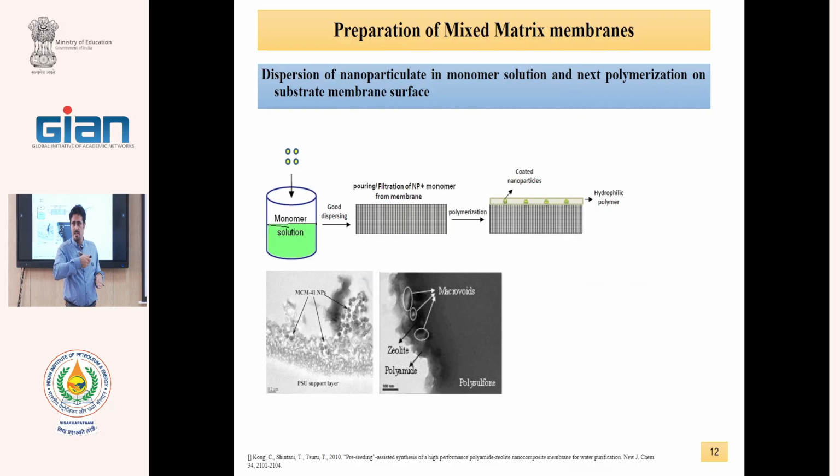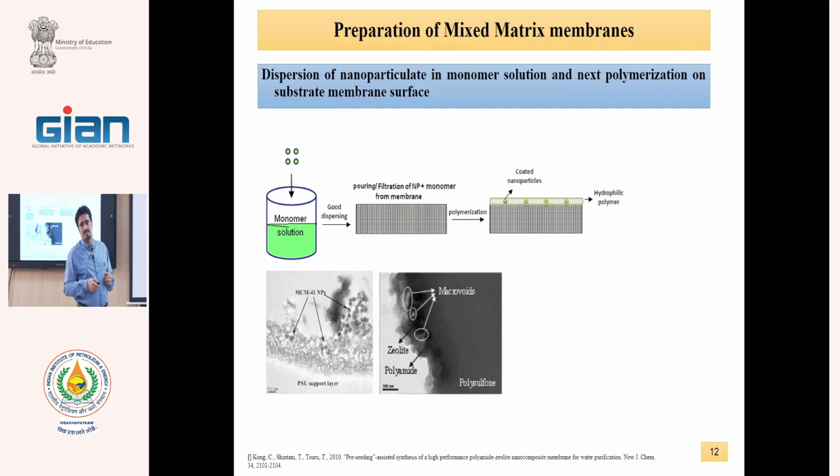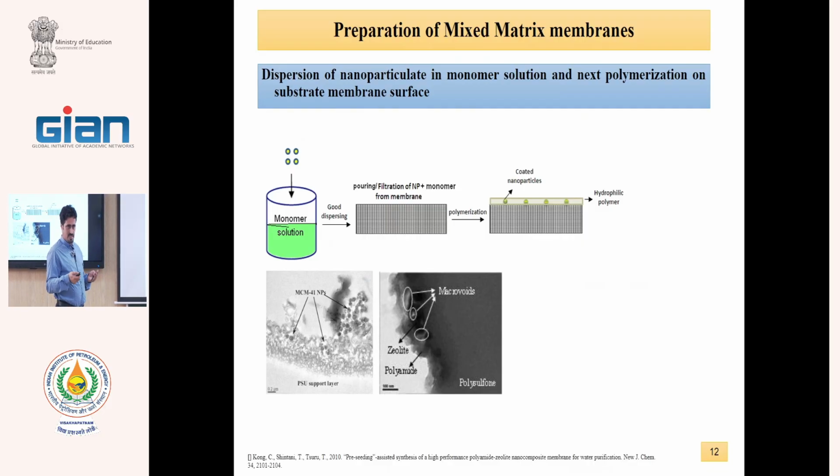In this case, the top layer will be the coated polymer. And the efficiency of the nanomaterials is reduced because we have an extra layer. But the stability is good, and the coating of PMMA, PAA polymers can increase their stability.